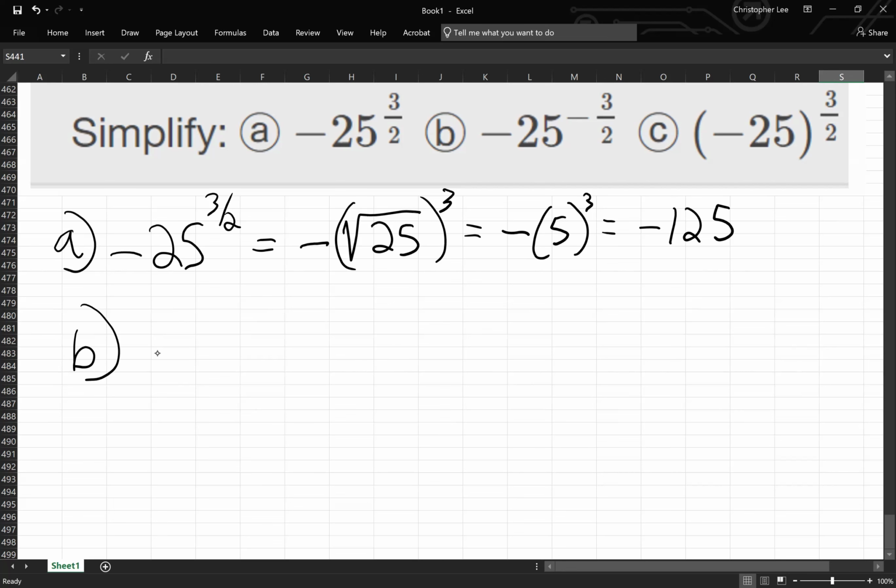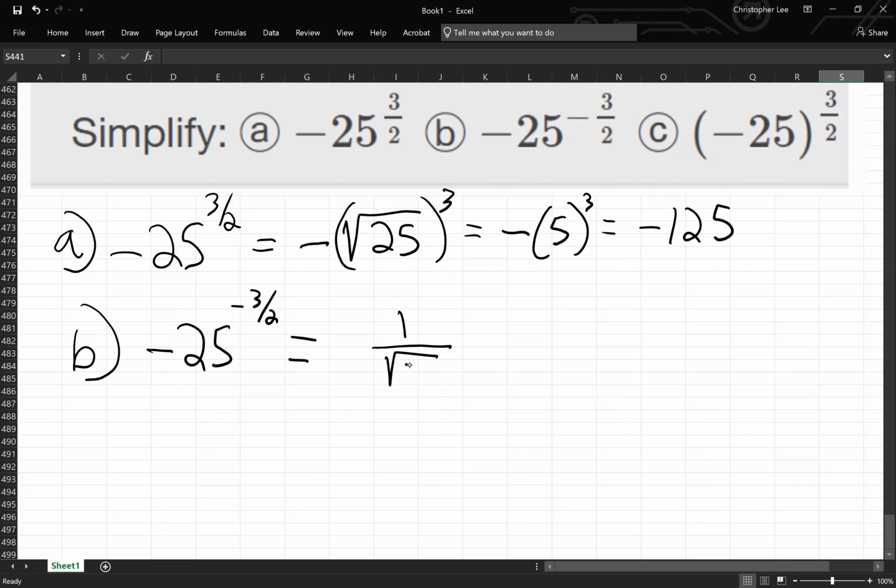So how about B? I have negative 25 raised to the negative 3 over 2 power. What do I do here? One over, with the index 2, negative 25.